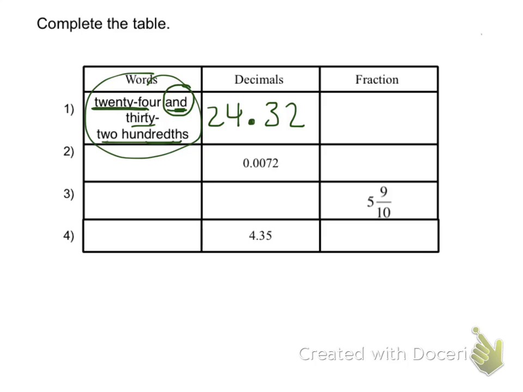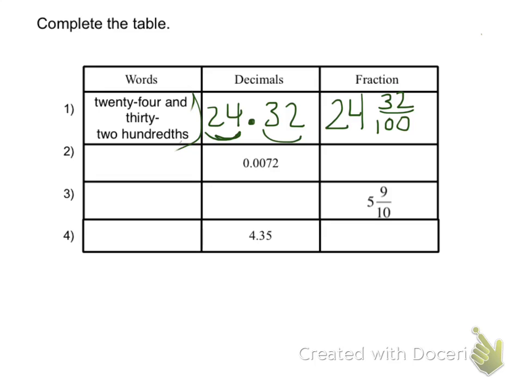Now for my fraction, anything before the decimal is always your whole number. Anything after is a fraction. So this one, you say it out loud and you've got it. 32 hundredths. Now, can you simplify that? Yes, but we're not going to do that right now just to save some time. But do know that you're going to want to simplify all of your fractions. Okay, now I have a decimal, and you need to write the words.